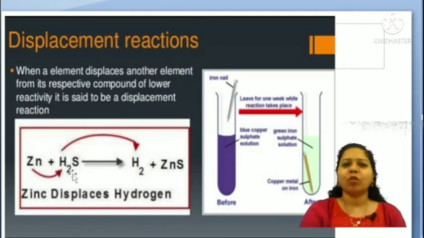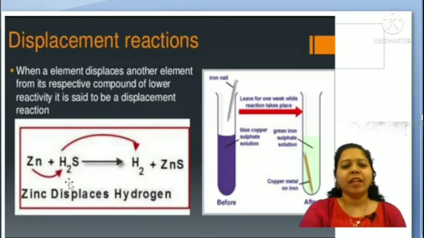The displacement of chemicals totally depends on the activity of those elements. Here zinc is more reactive than hydrogen. That's why zinc is able to replace or displace the hydrogen from its position.